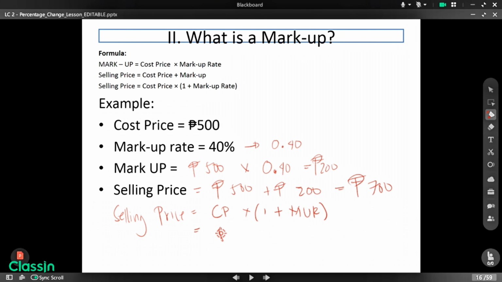So it is 500 times 1 plus 0.40, 500 times 1.40, and we will still get 700. So it's just the same thing. It's up to you which formula to use.